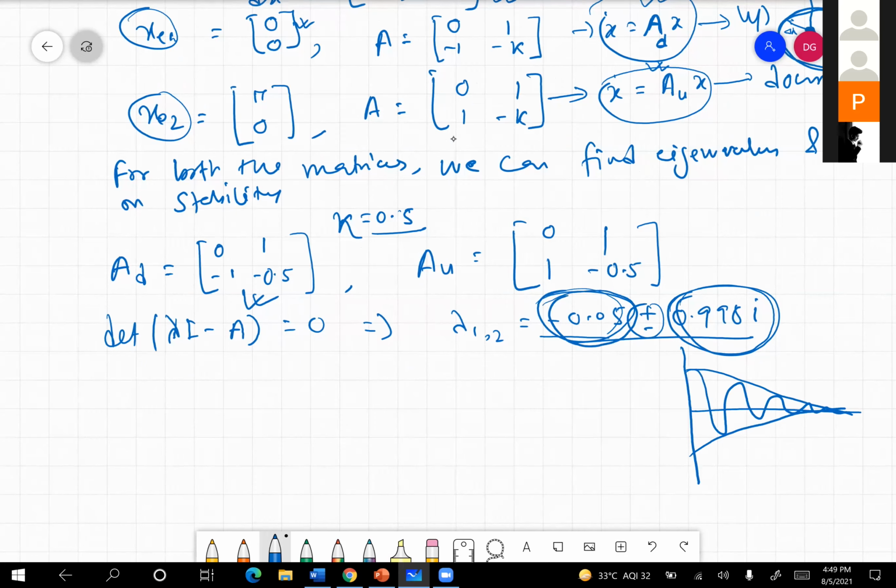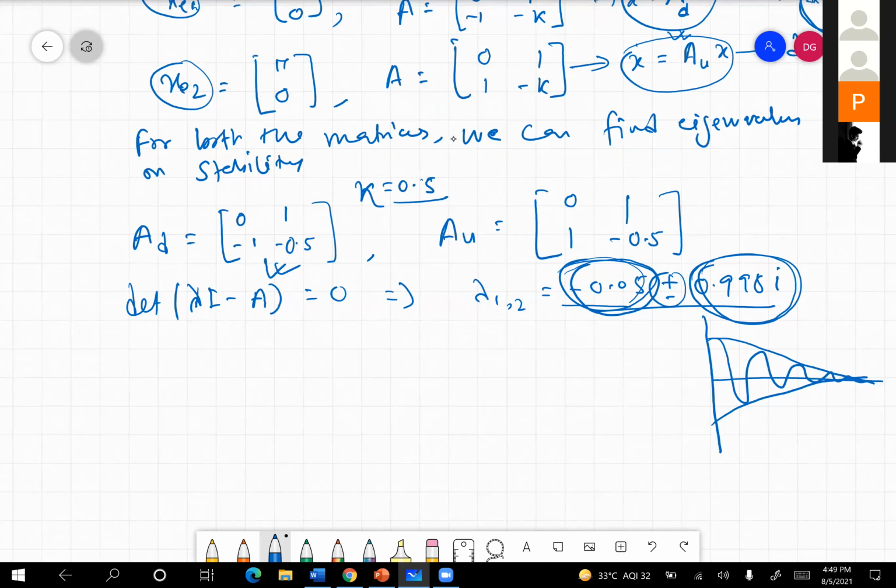So if I write, suppose x(t) is my theta, I can solve x(t) equal to c1 e to the power minus 0.05 t, times e to the power plus 0.988 i t, plus c2 e to the power minus 0.988 i t.